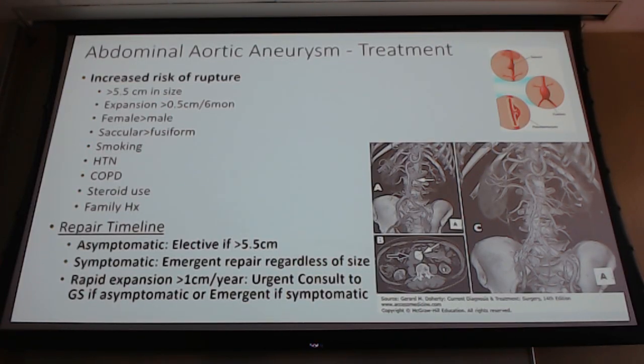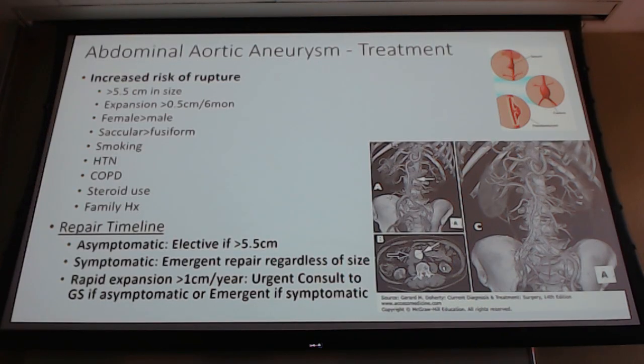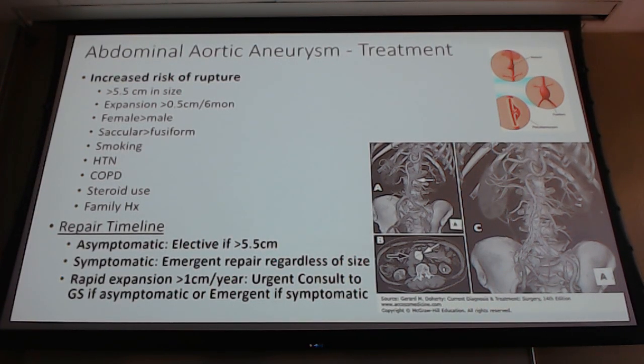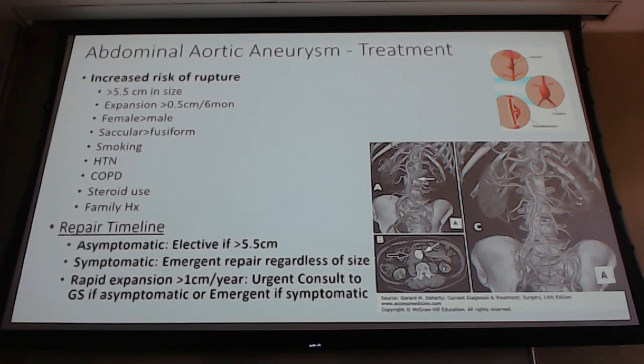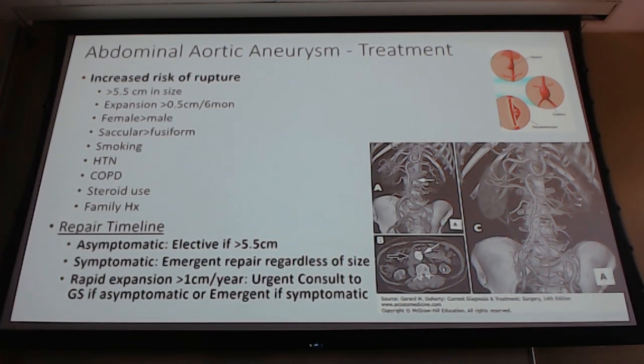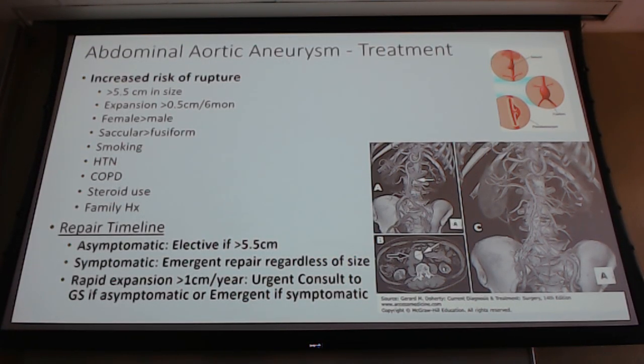Now, if it is symptomatic, meaning pain, ripping or tenderness, or the Grey Turner sign, it's automatic: don't pass go, don't collect your $500, you go straight to the OR. Symptomatic means that something is about to rupture. And then the other one is rapid expansion, greater than 1 centimeter a year.